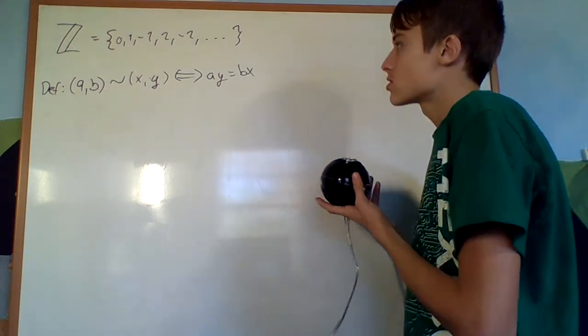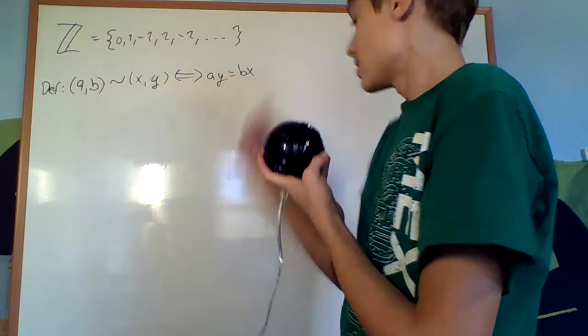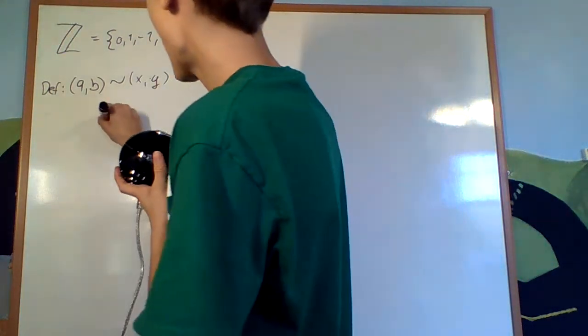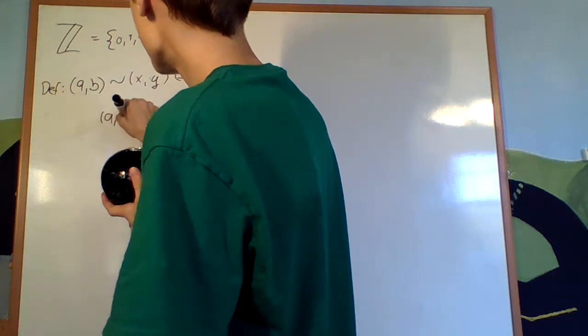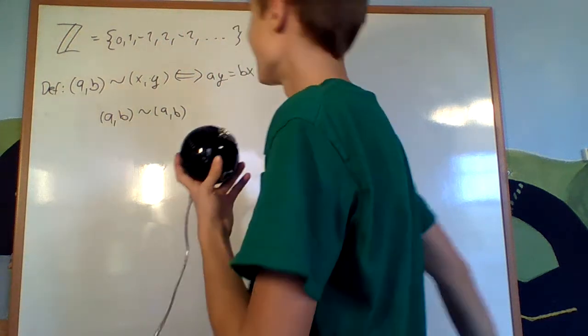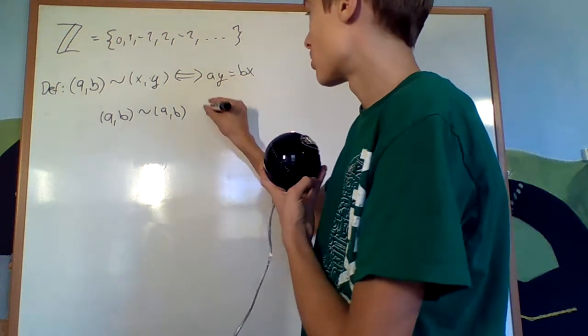So that's how we define this equivalence relation. If they're equivalent, they have this property. Okay, so what's the purpose of doing this? Well, now this has a couple properties that you may already know. (A, B) is equivalent to (A, B). Pretty obvious. This is called reflexivity.